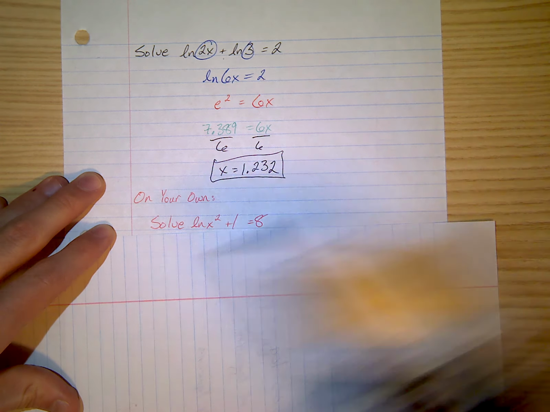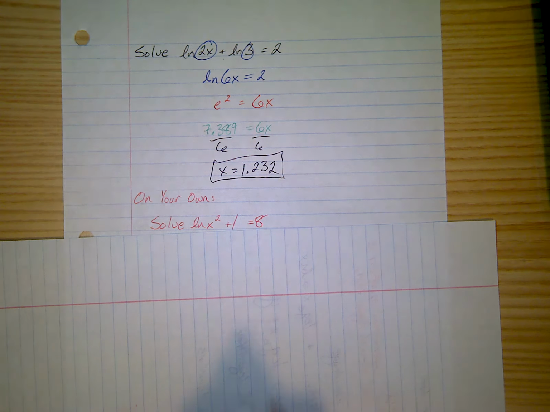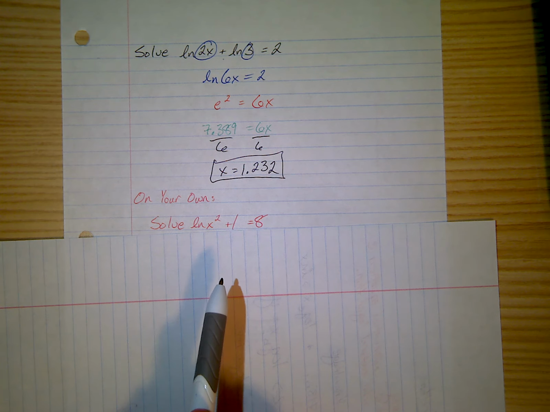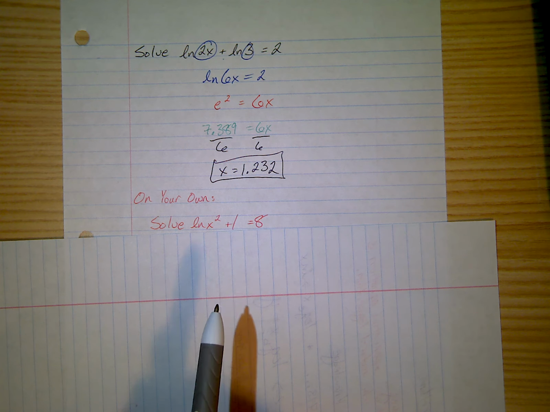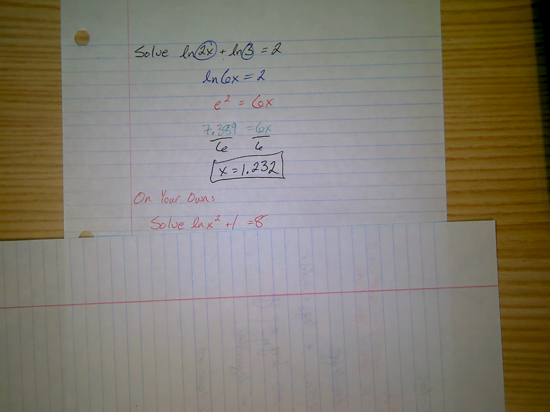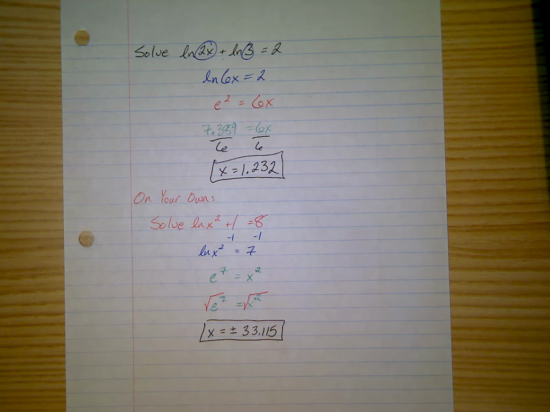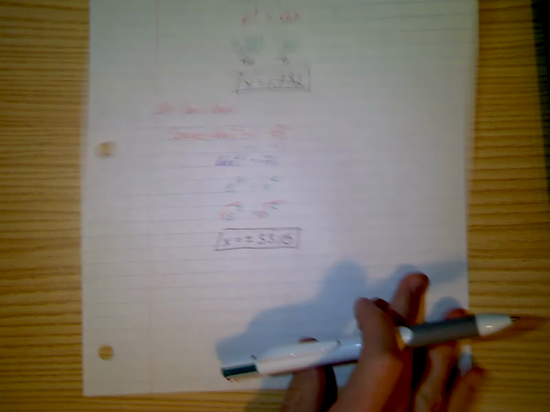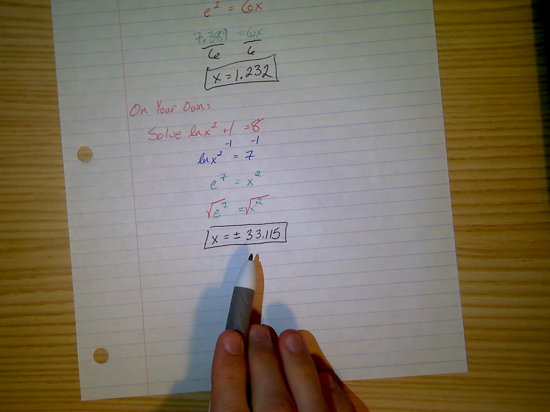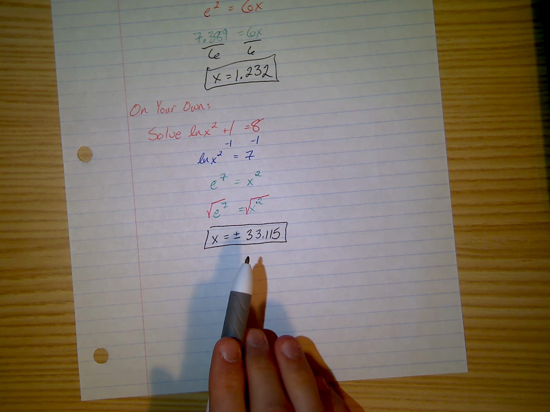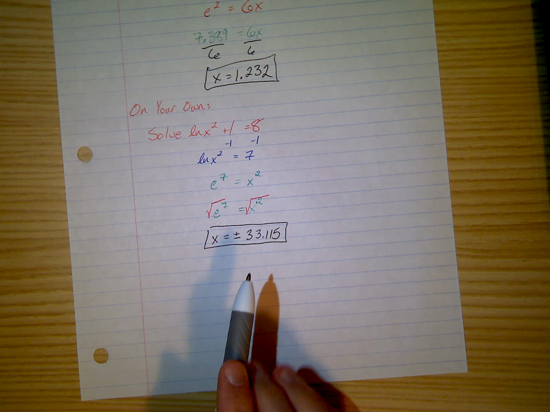All right. On your own, get the natural logarithm by itself first, and then evaluate it. So pause the video, go ahead and do that right now. And hopefully you end up with that. Now with this, these are the two answers you end up with, plus or minus 33.115.